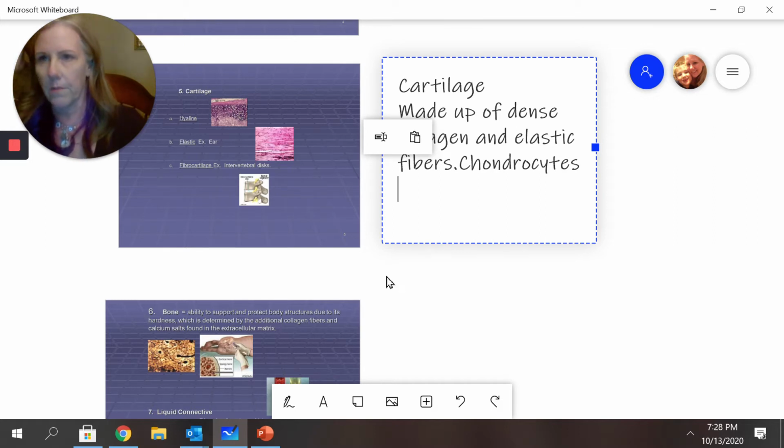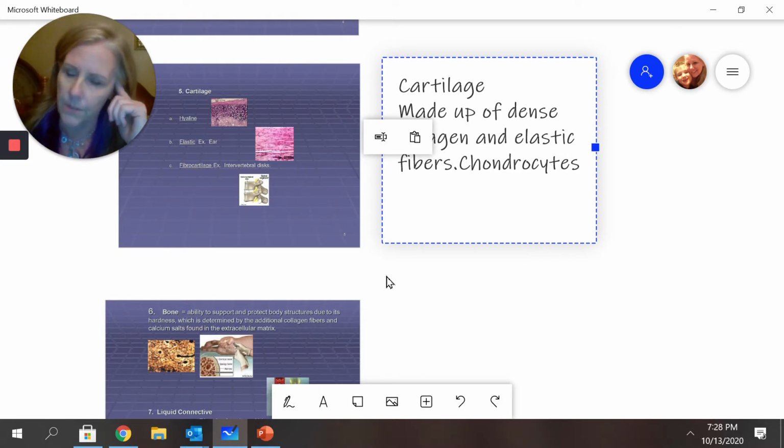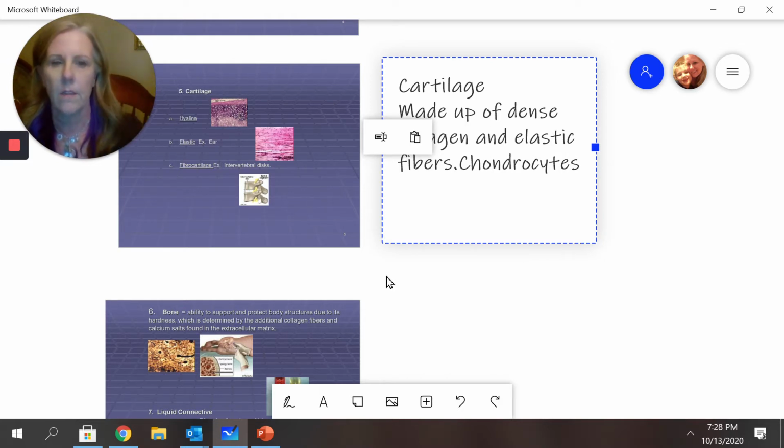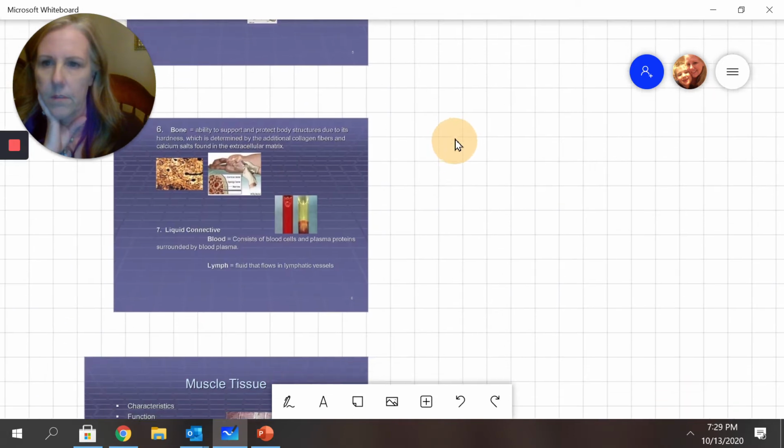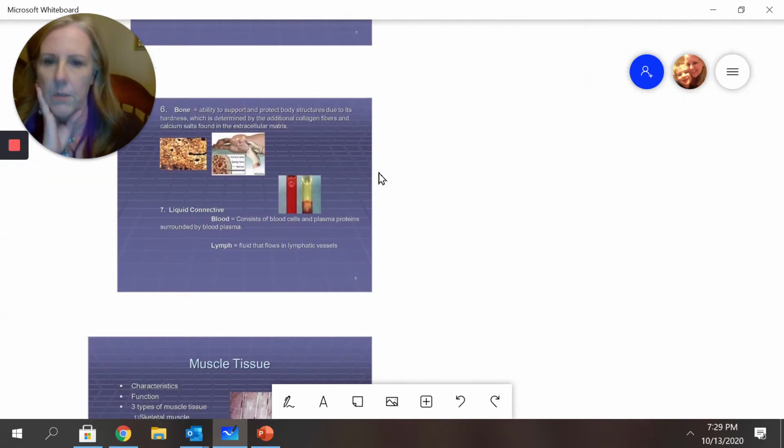The blast cells were the immature cells that help form the tissue, and the ones that had the suffix of cyte, C-Y-T-E, those were the mature cells. So in cartilage, we have chondrocytes. Chondro, that prefix means cartilage. Okay, let me move it up, and then we'll go on to number 6.